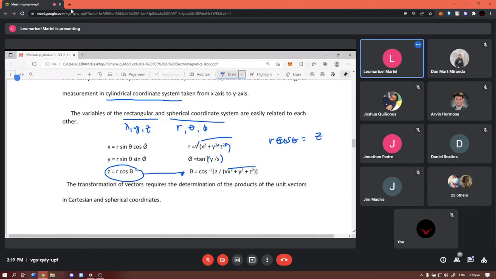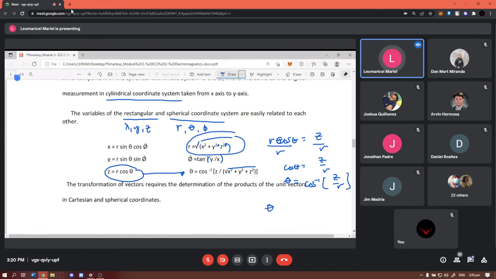Diba? So divide natin yan sa r, divide natin sa r. So magiging cosine theta is equals to z over r. Eh since after lang tayo sa theta, inverse cosine of z over r. But r is ito. Diba?